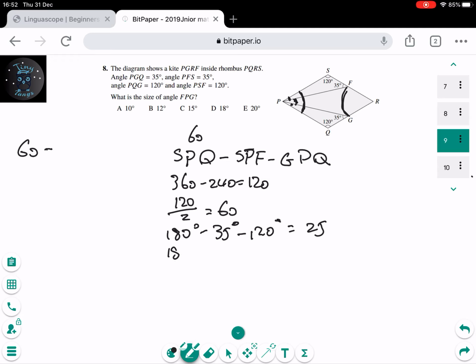So we take 180 degrees. Oh, it's actually the same as SPF. So we do 60 minus 50 degrees, which is both of them. And we get 10 degrees, which is our answer. So it's A.